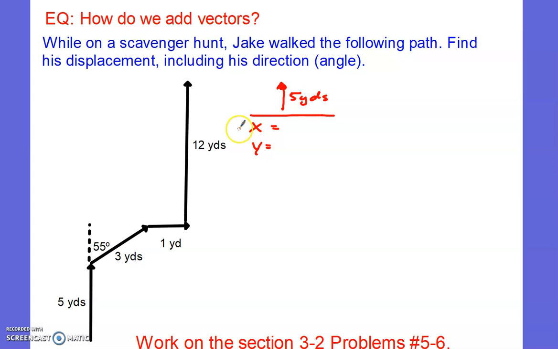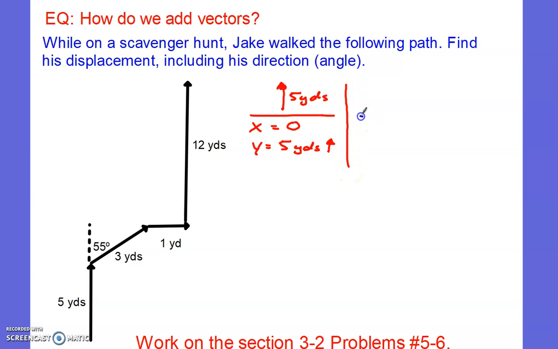Remember that the x component is how far horizontally we have moved, left and right. And Jake has not moved left or right at all in this section. So it is the x component that is 0. The y component is how far north or south, up or down Jake has moved. And in this case, Jake has moved 5 yards north. Now I'm going to draw an arrow here to help me in a later step.